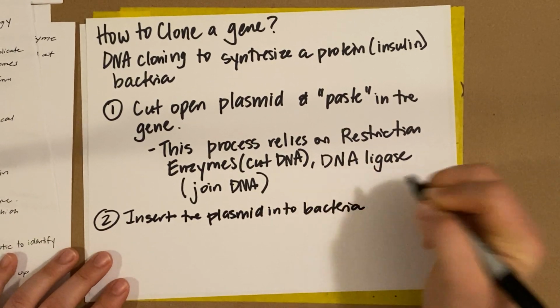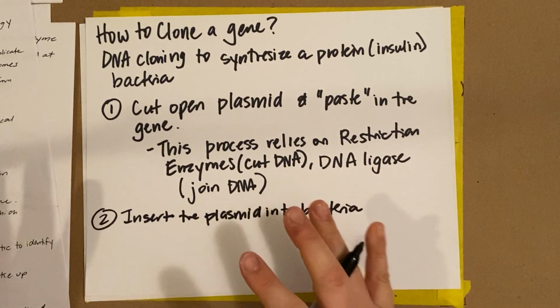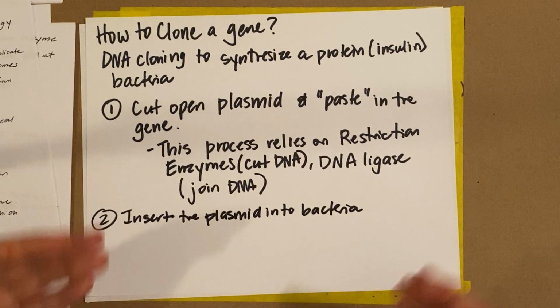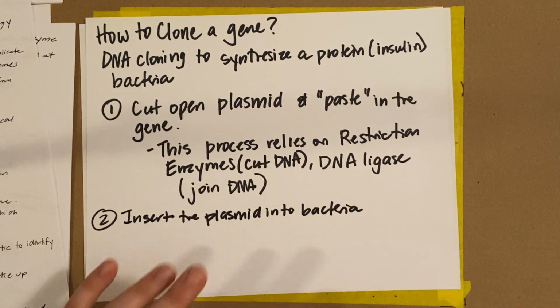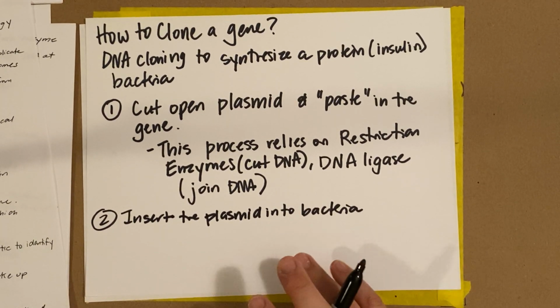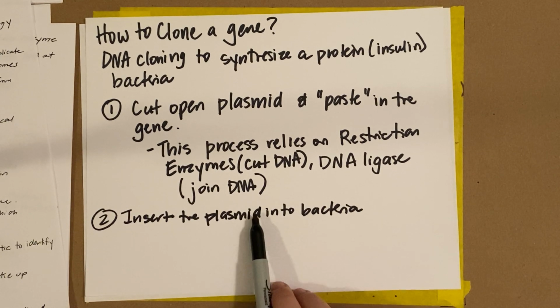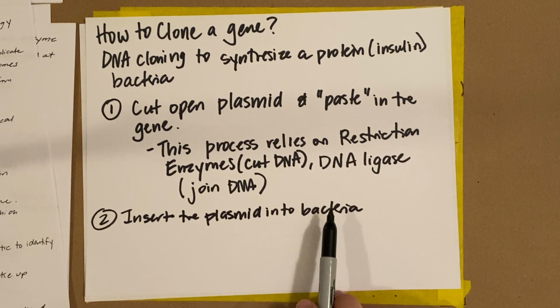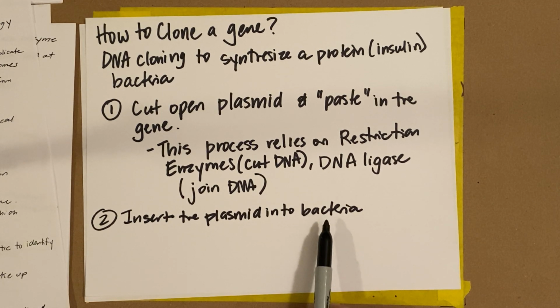Okay, so when we have the plasmid originally it is not in the bacteria, so we've taken it out of the bacteria. We've then done this copy paste, or cut and paste, with the first step. And then the plasmid has to go back into the bacteria because the bacteria is going to have all the necessary ingredients for replication to take place.